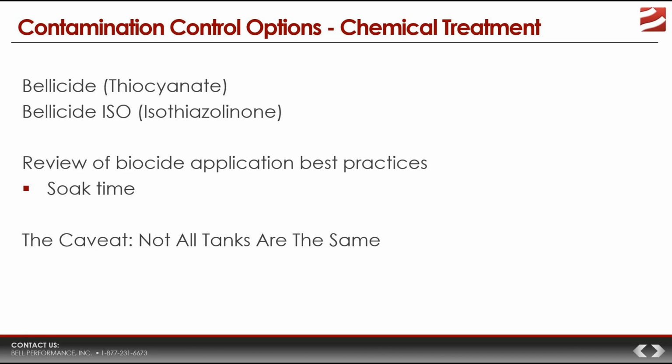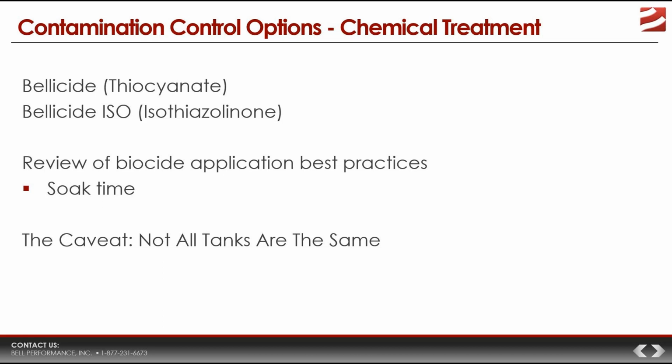Not all microbial infestation problems are the same. Not all contamination levels are the same. And even though these biocide chemistries like Bellicide and Bellicide ISO are broad spectrum, not all kinds of microbes respond exactly the same to every kind of chemistry.